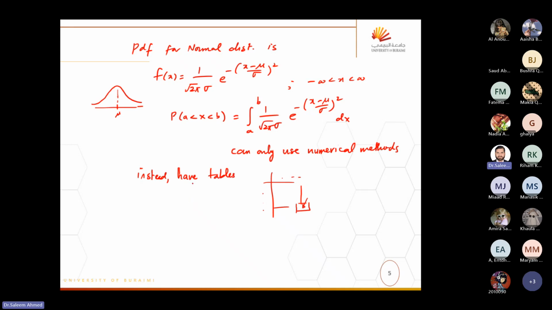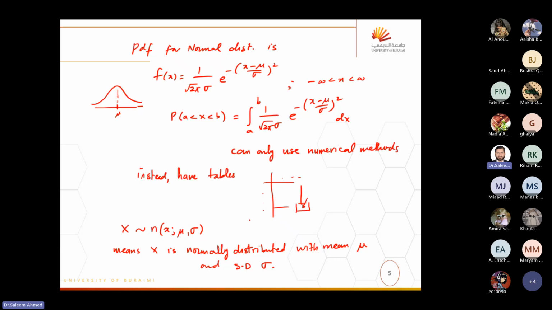Before going to the table, there are too many mu and variance choices. If X has a normal distribution with mean mu and variance sigma squared, it means X is normally distributed with mean mu and standard deviation sigma.